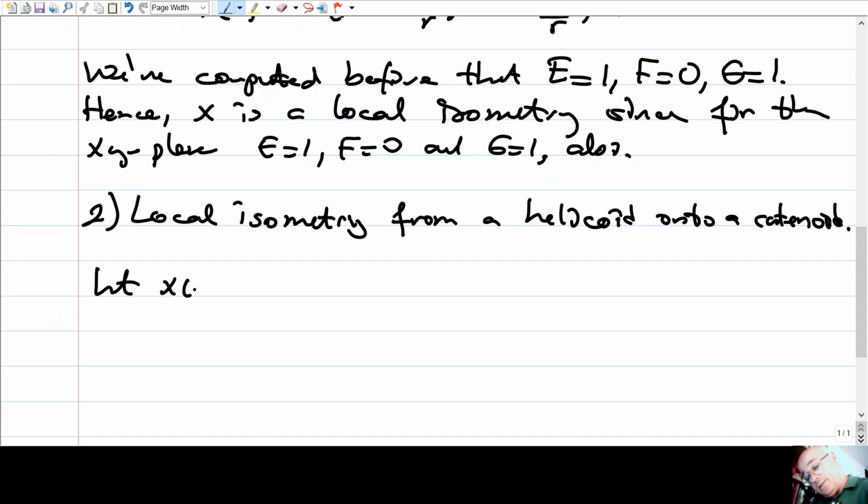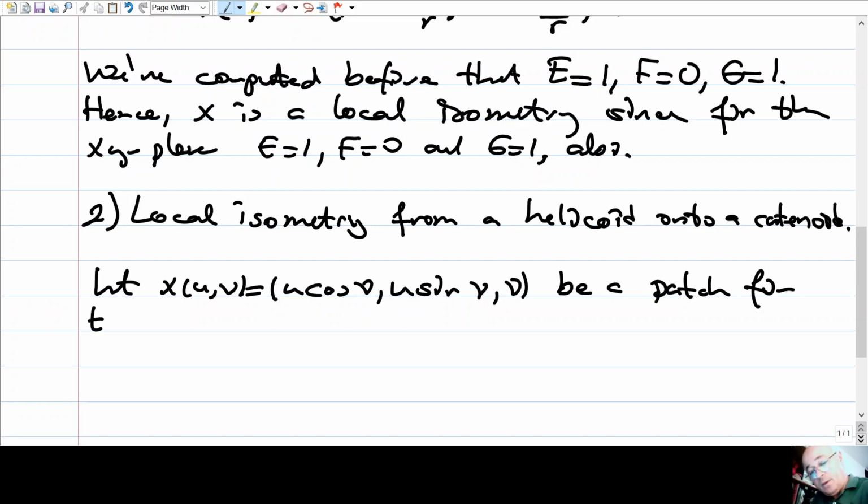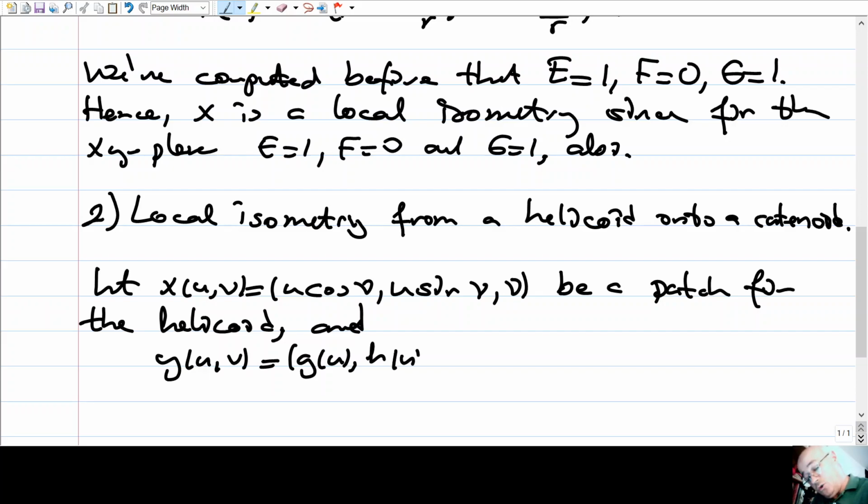Let X(u, v) be the following parameterization, actually surface patch, (u cosine v, u sine v, v), be a patch for the helicoid, and Y(u, v) given by (g(u) cosine v, g(u) sine v, h(u)).